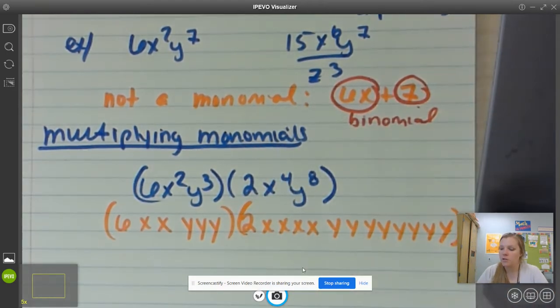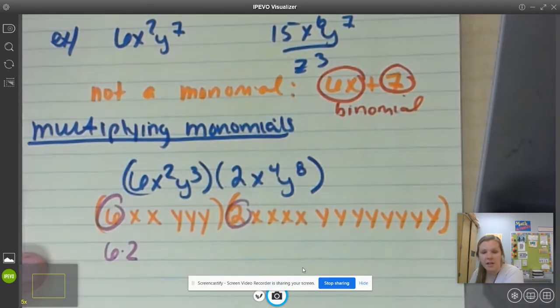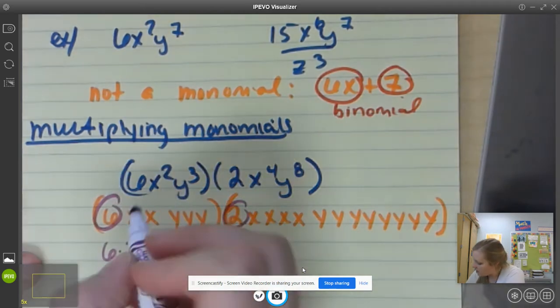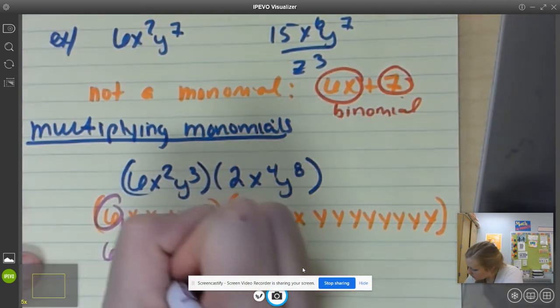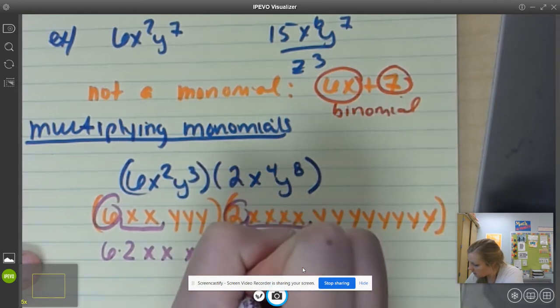Now, what we can do here is rearrange the multiplication problem to regroup because of the commutative property of multiplication. We can regroup and put the numbers next to each other. Then we can put all the x's next to each other: 2 x's plus the 4 more x's.